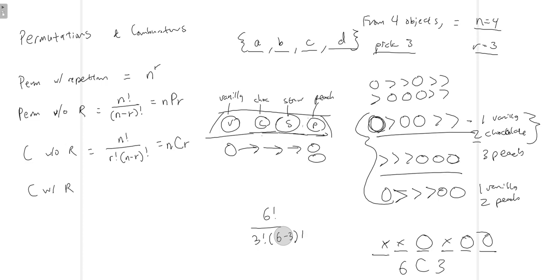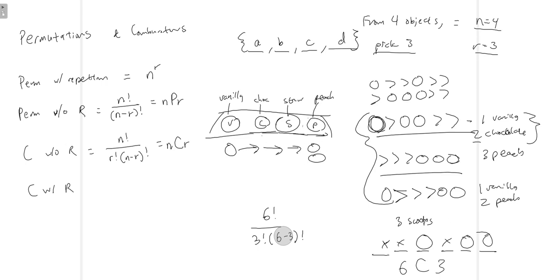6 minus 3. Okay, so this is the answer, but where did 6 come from? 6 is the total positions where we can put our scoops. Why is there 6 here? Because we're taking 3 scoops and we have 4 flavors. How many times do we have to move over? It's the number of different flavors minus 1, because we only have to move over 3 times.